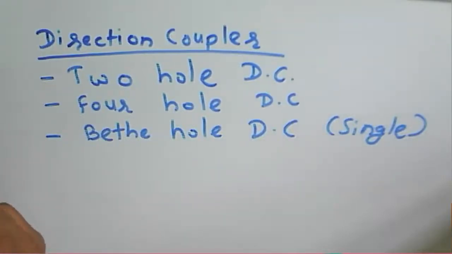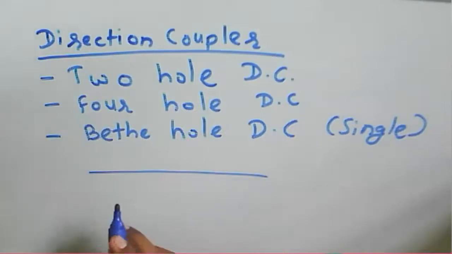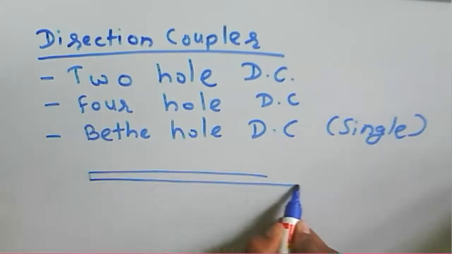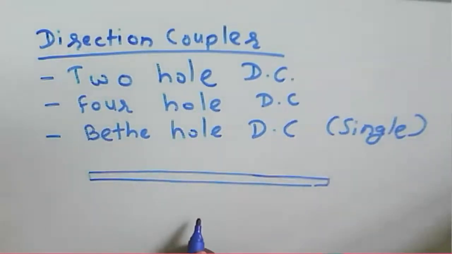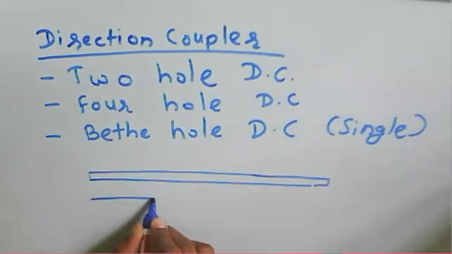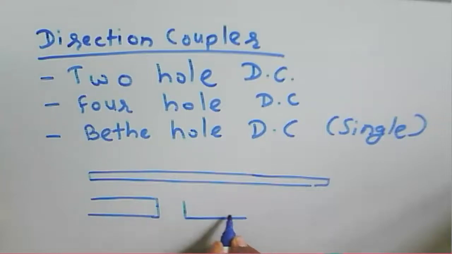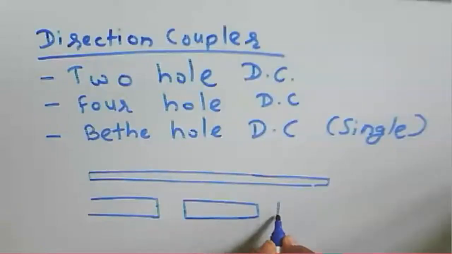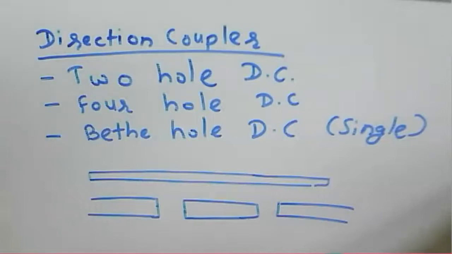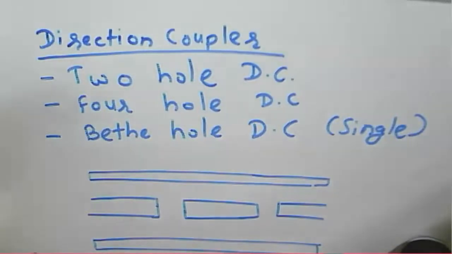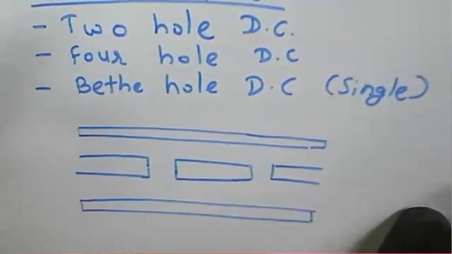If it is about reverse coupling, then it is a Schwinger coupler. Now, if you consider the two hole directional coupler, this one is your main waveguide. This is a two hole directional coupler.